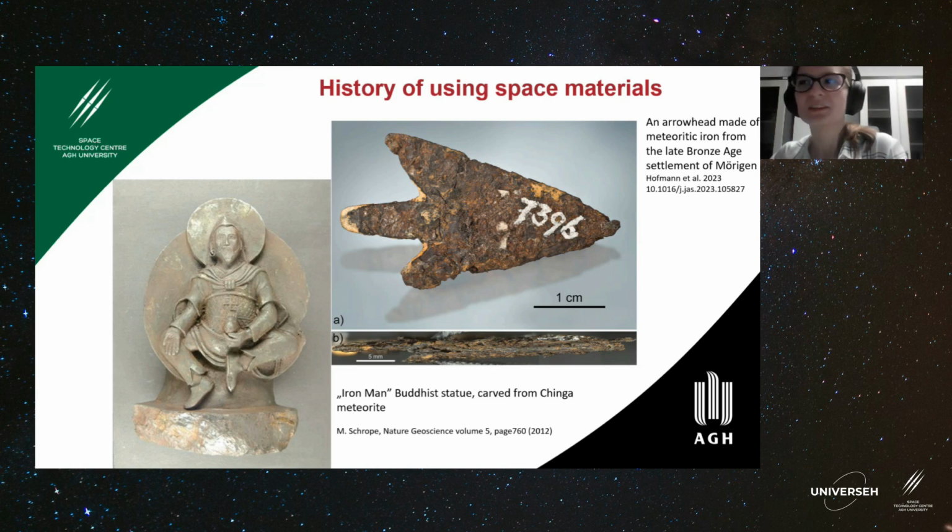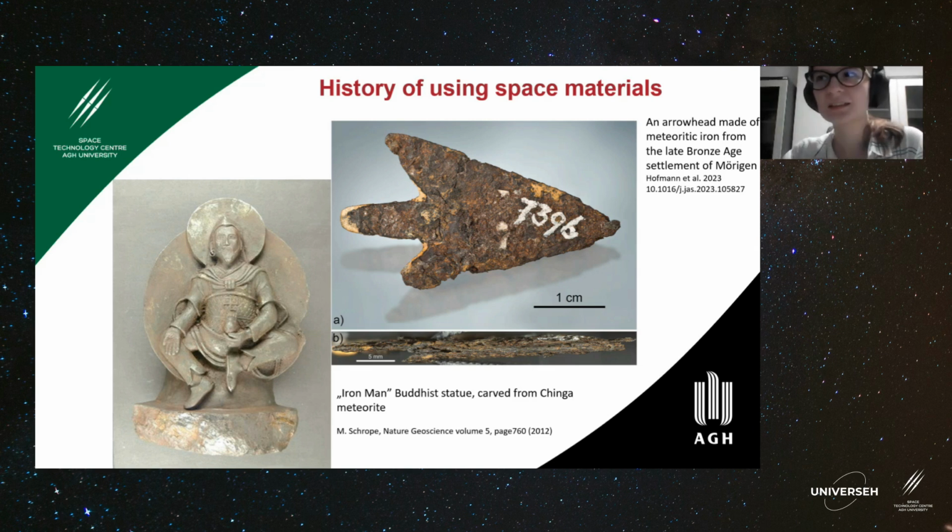So even hunting could make use of material that came from space. And there is also a so-called Iron Man, a Buddhist statue, that is confirmed to be carved from Chinga meteorite.